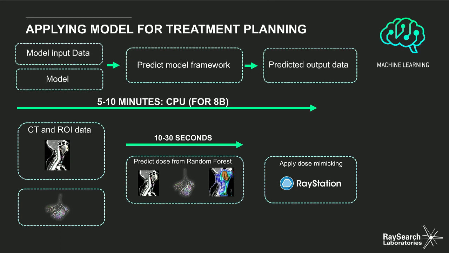And this is a full spatial approach. This is very fast, and once that is done, we have the most likely dose distribution for this new patient. We apply a post-optimization in RayStation to make this plan deliverable with respect to the treatment machine that was selected.